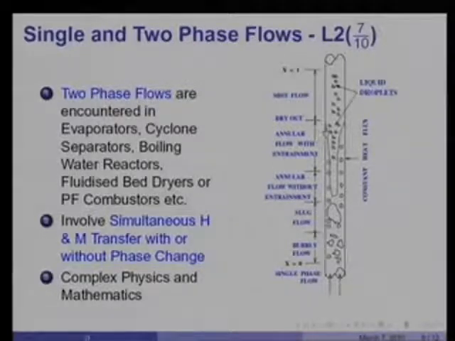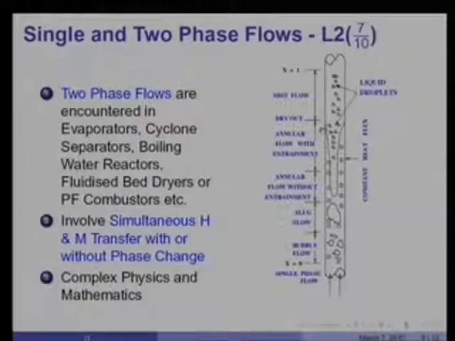Such a situation is called annular flow with entrainment, where the water droplets are getting entrained into the core. If you continue to heat further, you will see a situation is reached where nowhere in the cross section any liquid water is found, and you essentially have the tube in contact with water vapor only.